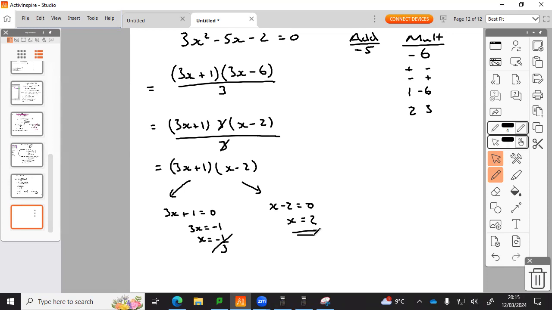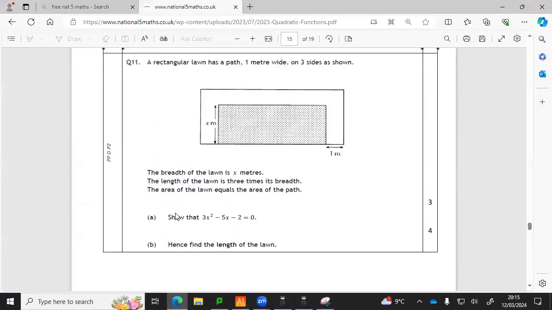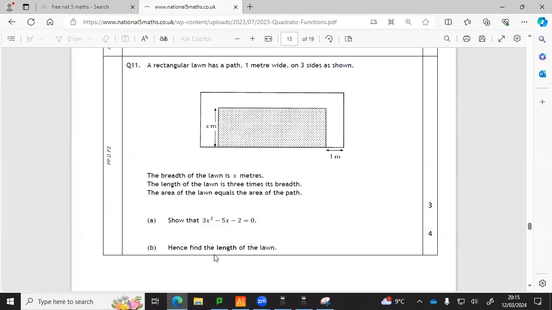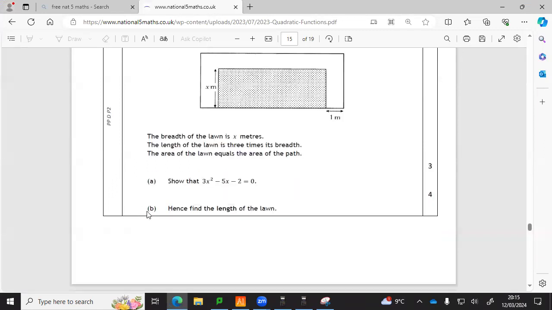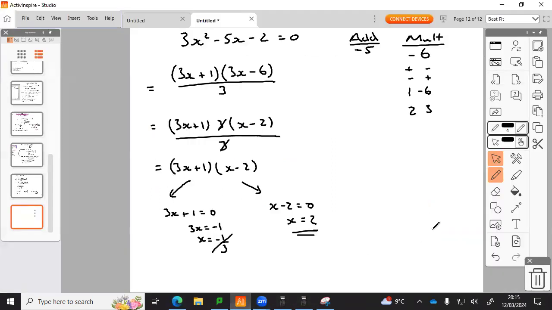So you could have done it that way. I mixed up my negatives and positives. So both ways work in that respect. However, that was paper 2, and it doesn't ask for a decimal point. So either way, using the formula or using factorization, you get the same answer.